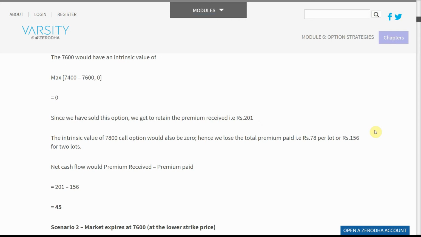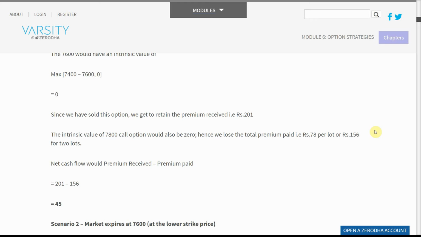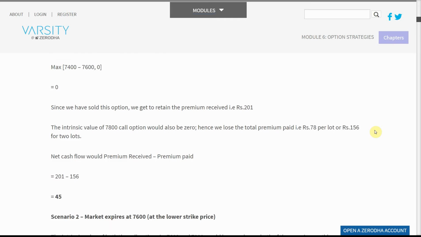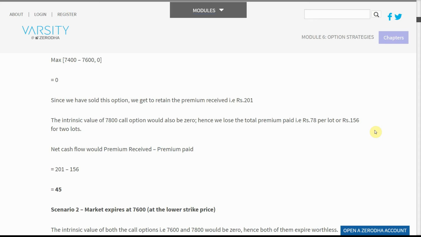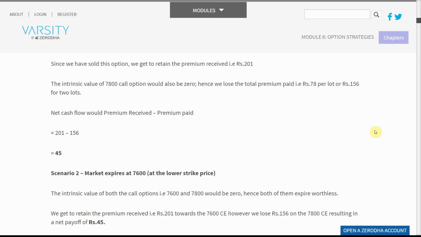The intrinsic value of the 7,800 call option would also be 0. Hence we lose the total premium paid, i.e. 78 rupees per lot or 156 rupees for 2 lots. Net cash flow would be premium received minus premium paid, 201 minus 156 equals 45.